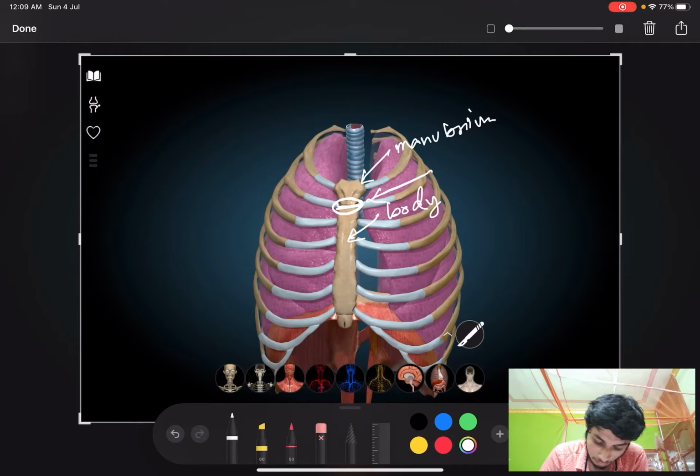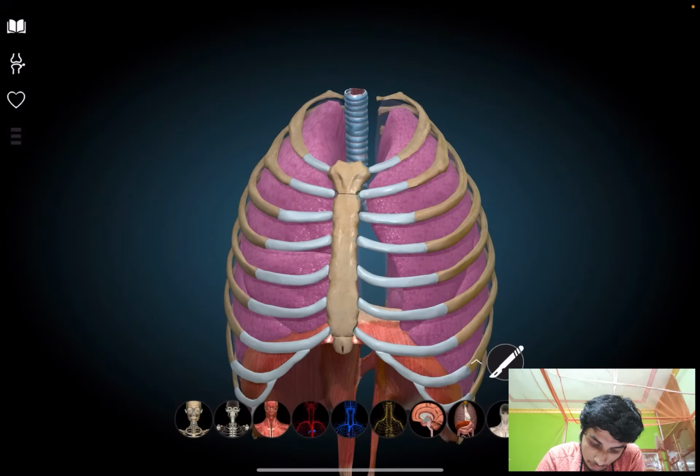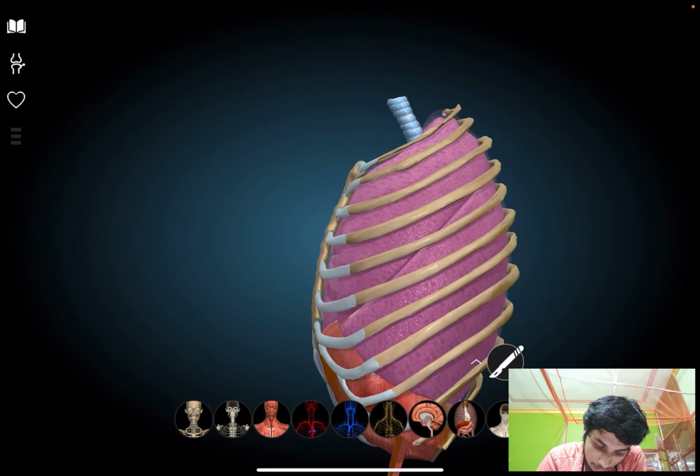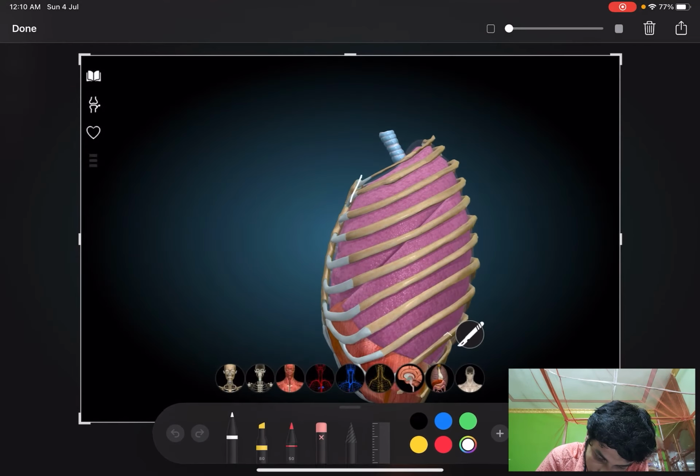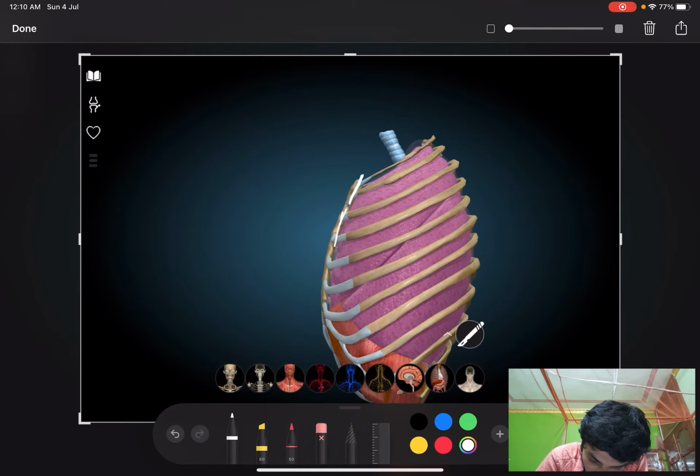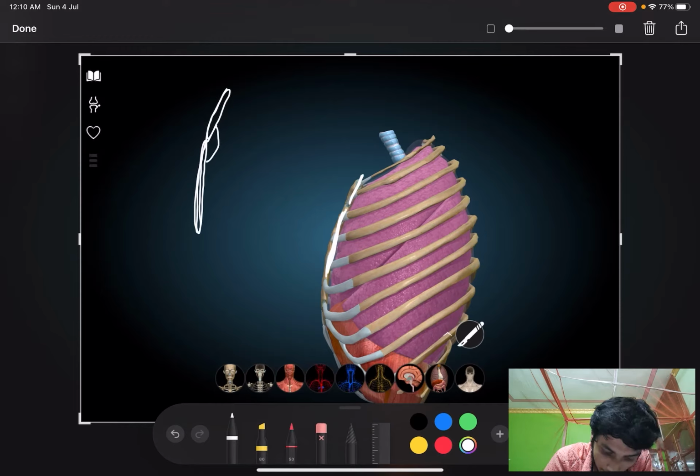Okay, so let me show it to you from another direction. As you can see, this is somewhat at this line, and this body of sternum is at this line. So if we draw like that, this angle is the sternal angle.